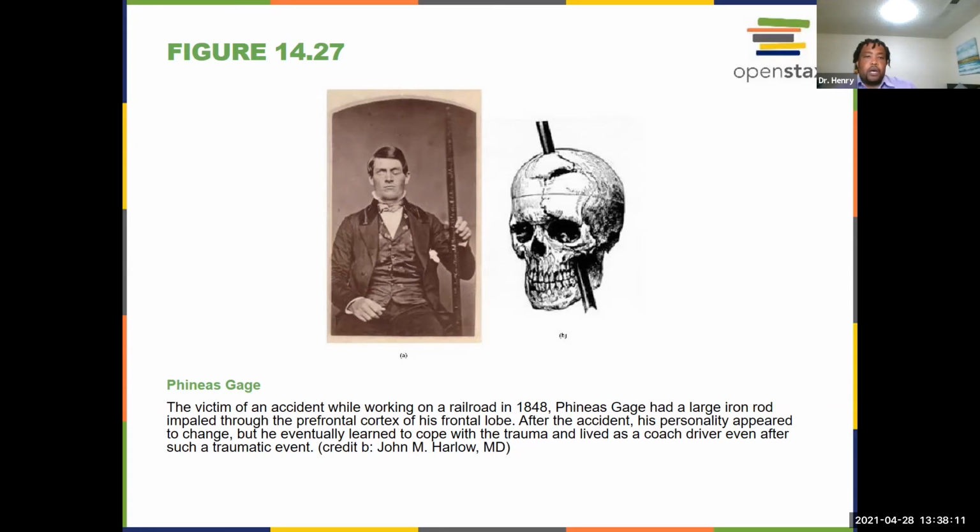They said that before the accident, he was very amicable. He was a hard worker. And then all of his friends afterwards said that, after he had that accident, he wasn't quite the same. He was very irritable, temperamental, and lazy. And so he went from night and day to the two components.